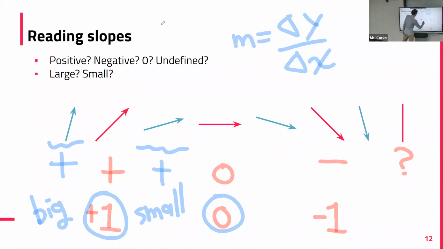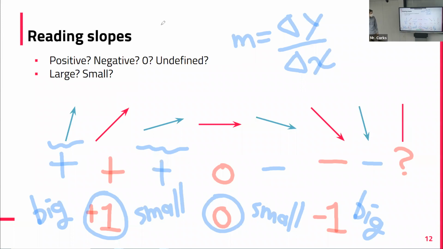And then just extending the same ideas, but now with negative. So this will be a small negative number, somewhere between 0 and negative 1. And if this is exactly negative 1 and this goes past it, then this must be some large, very negative number.